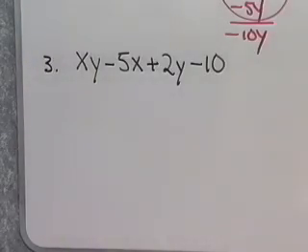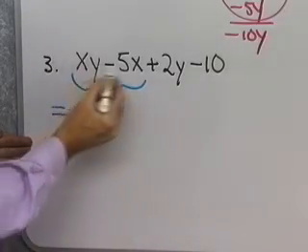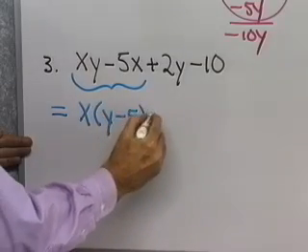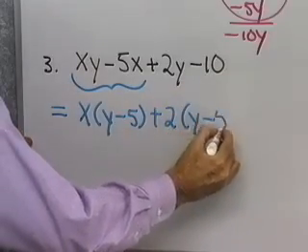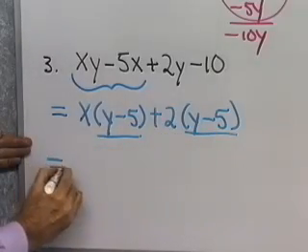xy minus 5x plus 2y minus 10 looks like a factoring by grouping problem because it's got four terms. Let's factor an x out of the first two. What's left is y minus 5. Let's factor a 2 out of the second two. What's left is y minus 5. I'll take this y minus 5, factor it from each term.